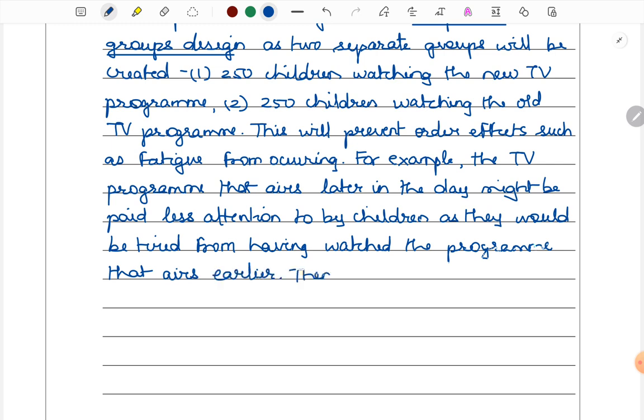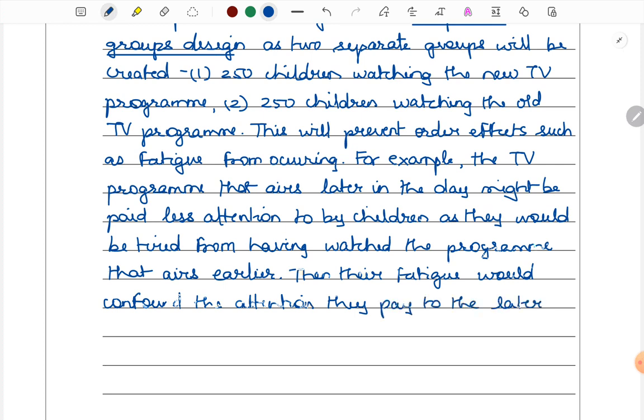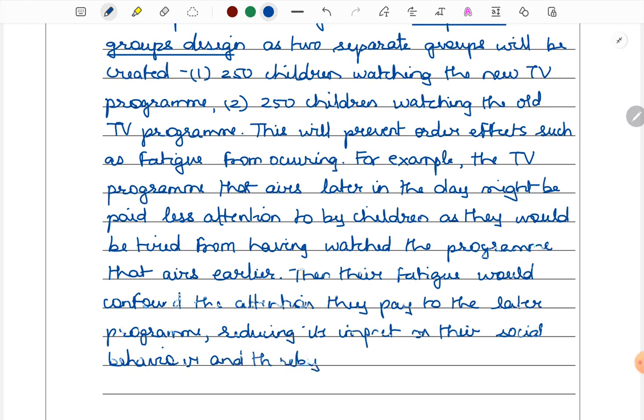Then their fatigue would confound the attention they pay to the later program, reducing its impact on their social behavior and thereby reducing validity of results.